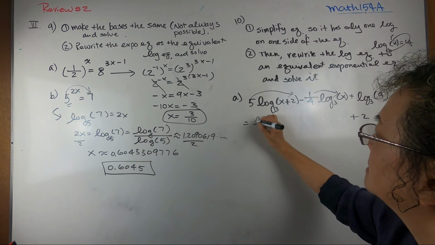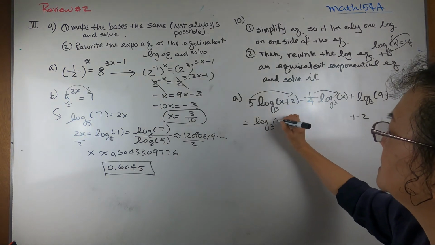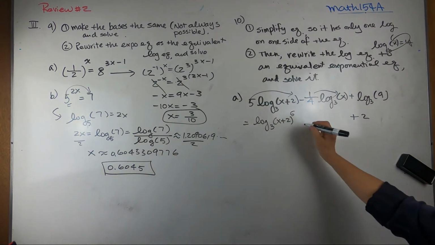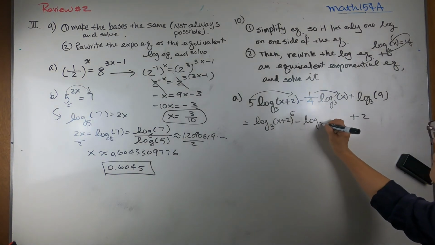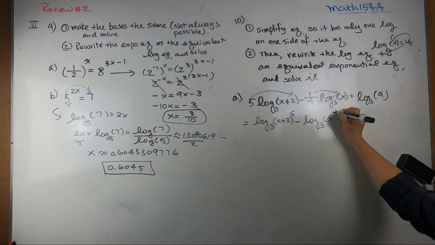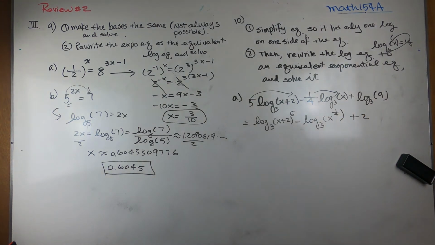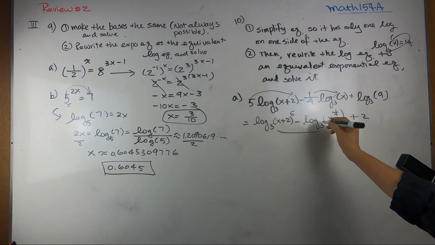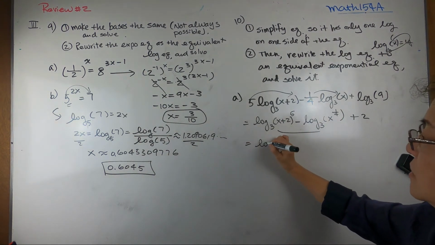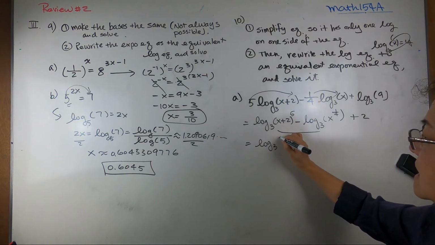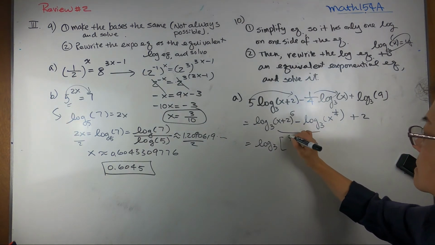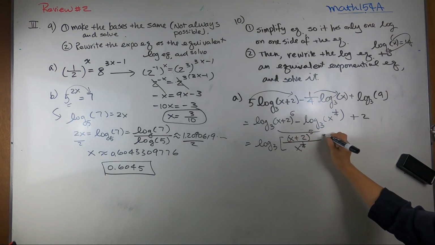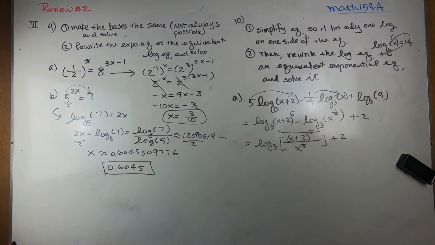So that will be log base 3 of (x+2) to the 5th power, minus log base 3, same base, of x to the 1/4 power. Then we want to write these two as one. If it's a minus, it means you divide inside: (x+2)^5 over x^(1/4).